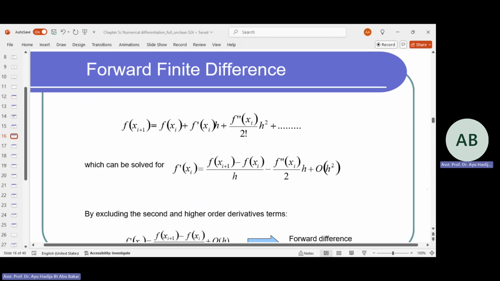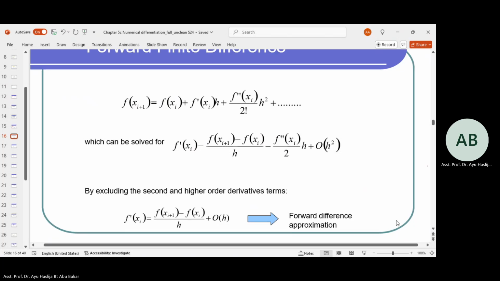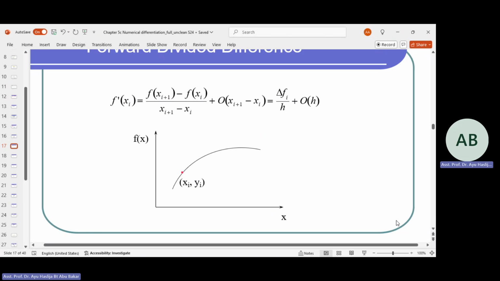Now for forward, I straight away explain this one. For forward, you are given 1 point. Okay, this point. So forward derivative, you will need 1 point ahead. Xi plus 1. Forward, moving forward.